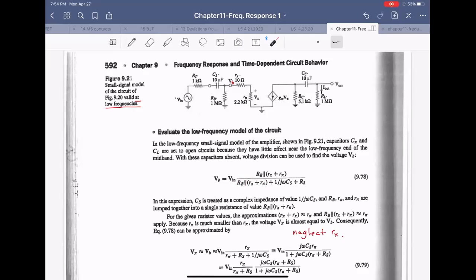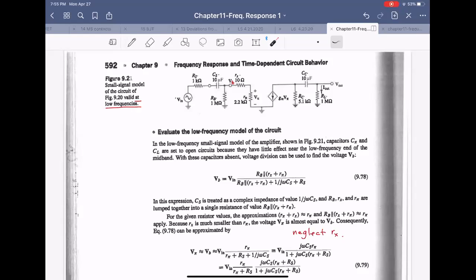And again, this VB and the V pi are the same, because if we ignore this Rx of 10 ohm, V pi and VB are almost the same. VB is V in times the numerator R pi, and the denominator is R pi, and this RS, and this 1 over J omega CS.